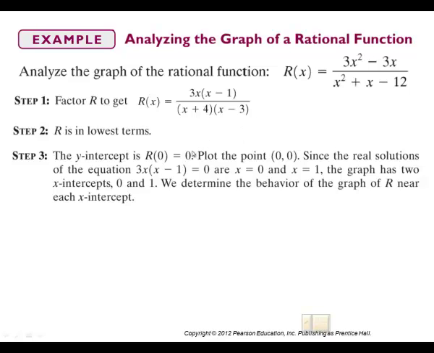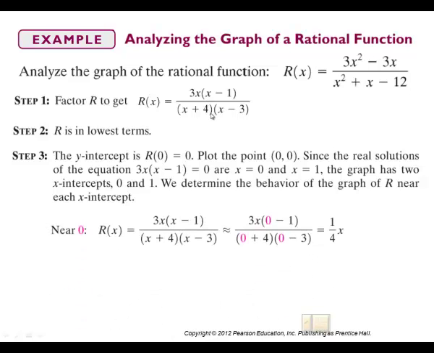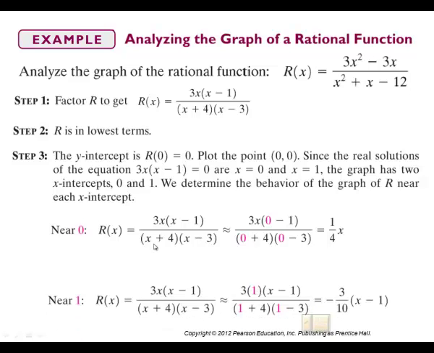Well, in this case, what they did is they found the y-intercept, put 0 in here, and we can see that 0 times anything is 0, so that's going to be 0. So our y-intercept is at 0, and so we want to know what is the behavior near 0, and it's going to be a line, like a line at 1/4 x.